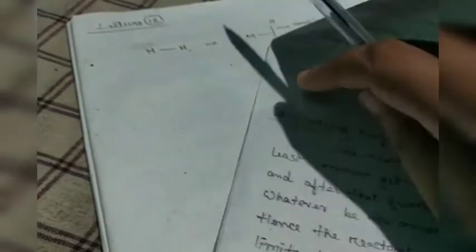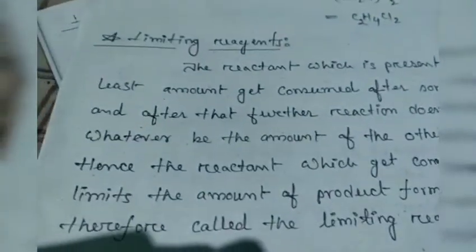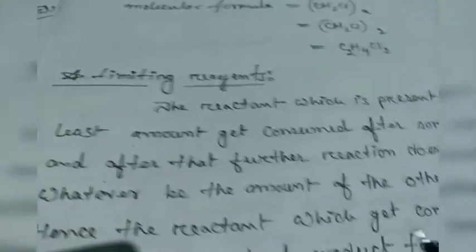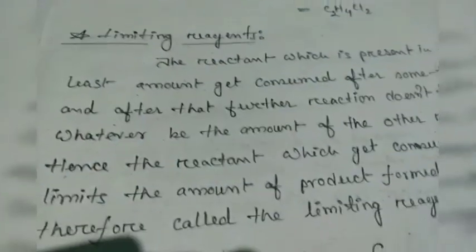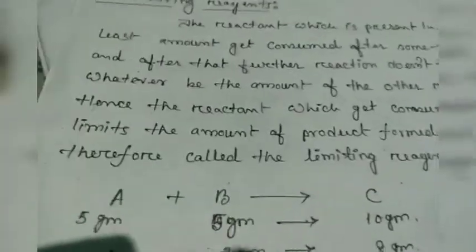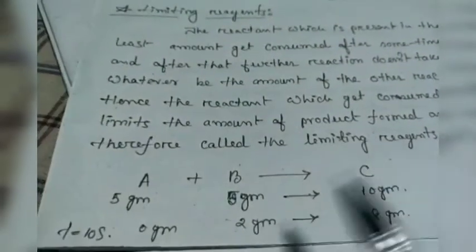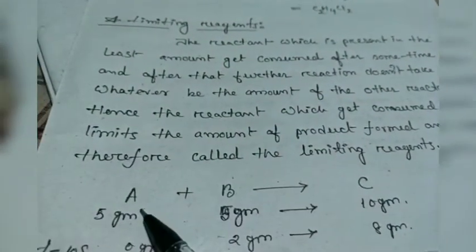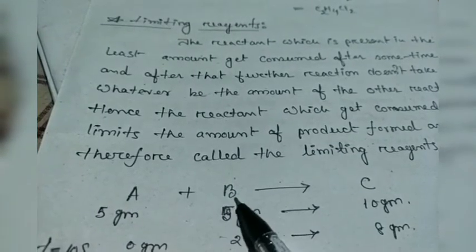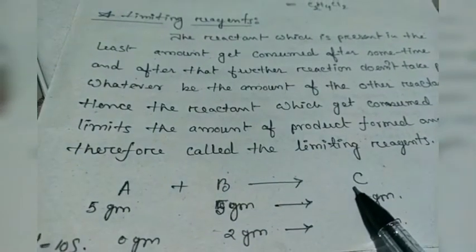Okay, so the next topic is limiting reagent. This is when a chemical reaction is undergoing to form a product. Suppose A is a reactant, B is also a reactant, and C is the product.